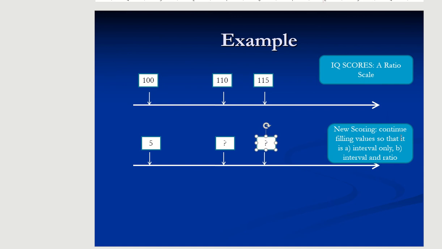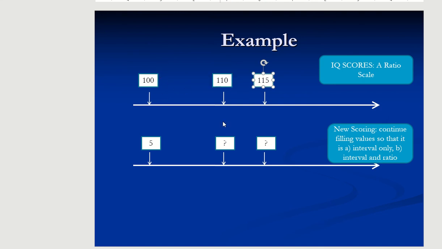Now, if you're asked to fill it out so that it's not an interval and not a ratio, you have to make sure that whatever the relationship between the distances observed here, that distance is not respected. So if you fill in 5, 6, 7, then this is no longer an interval, because remember, the distance from 100 to 110 is double the distance from 110 to 115.